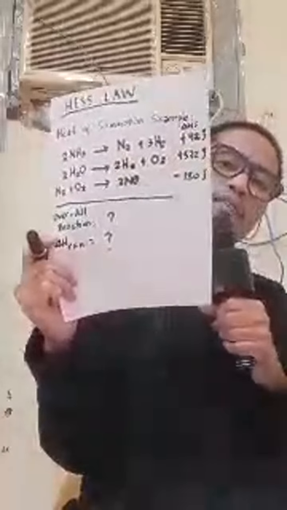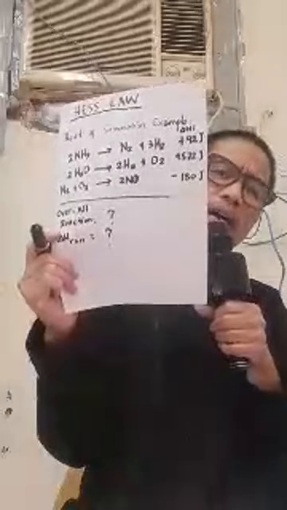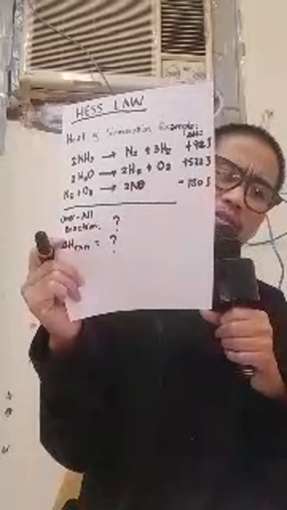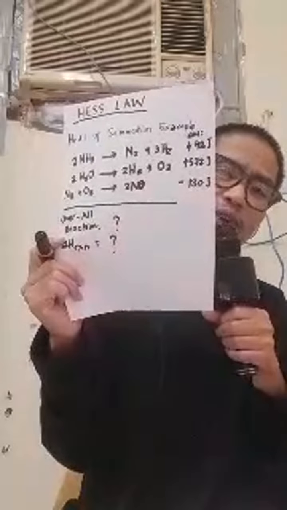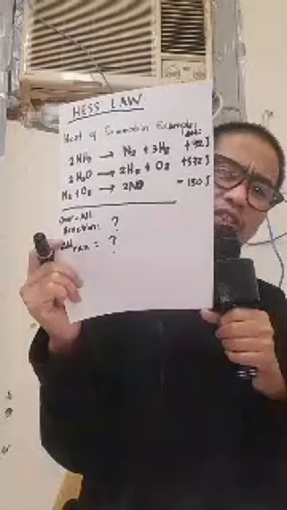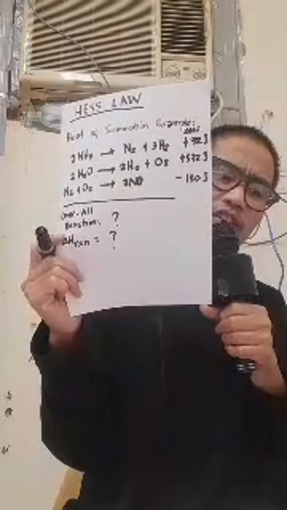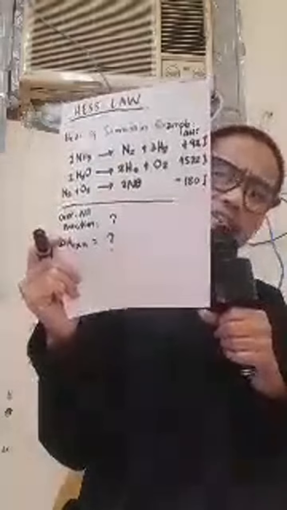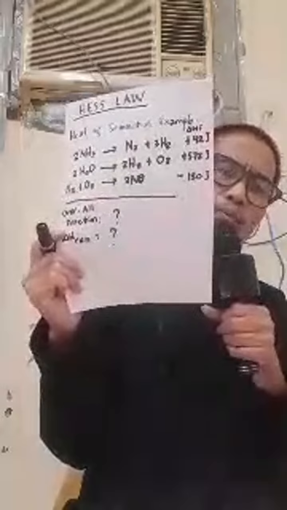Okay. But as a rule of thumb, you will be able to reverse the second reaction most of the times. Okay? The second reaction, not the first reaction. Especially when the second reaction has the least or the less number of moles.